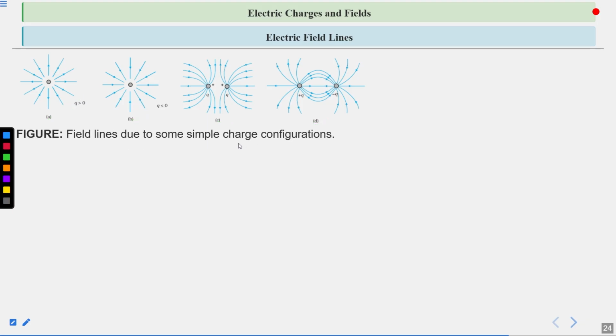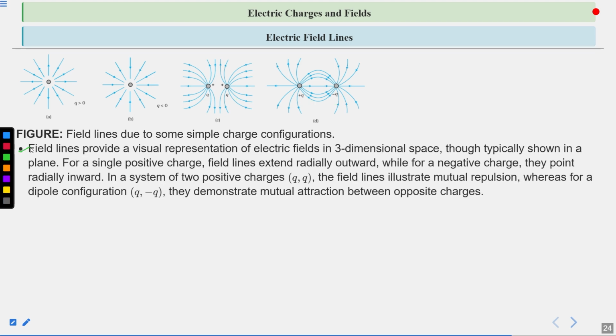Field lines due to some simple charge configuration. So, there is a positive charge and there is a negative charge. Field lines provide a visual representation of electric fields in 3 dimensional space, though typically shown in a plane.